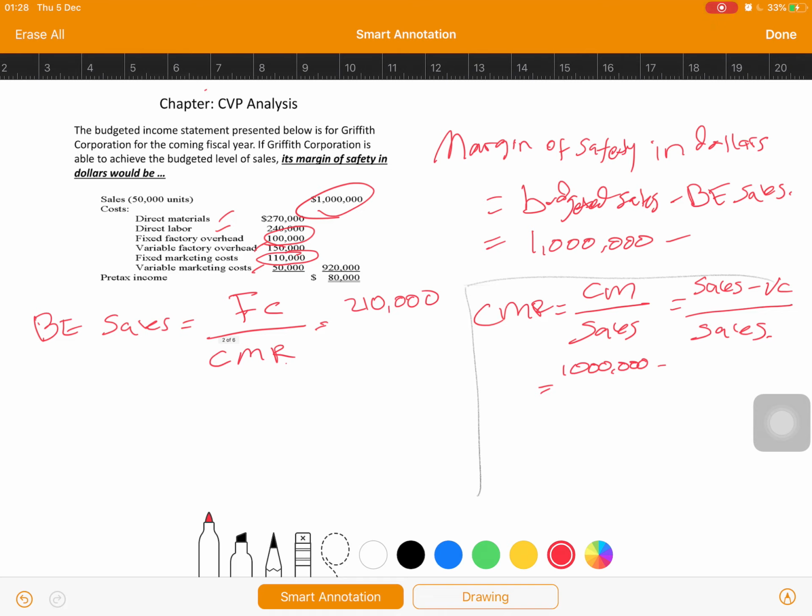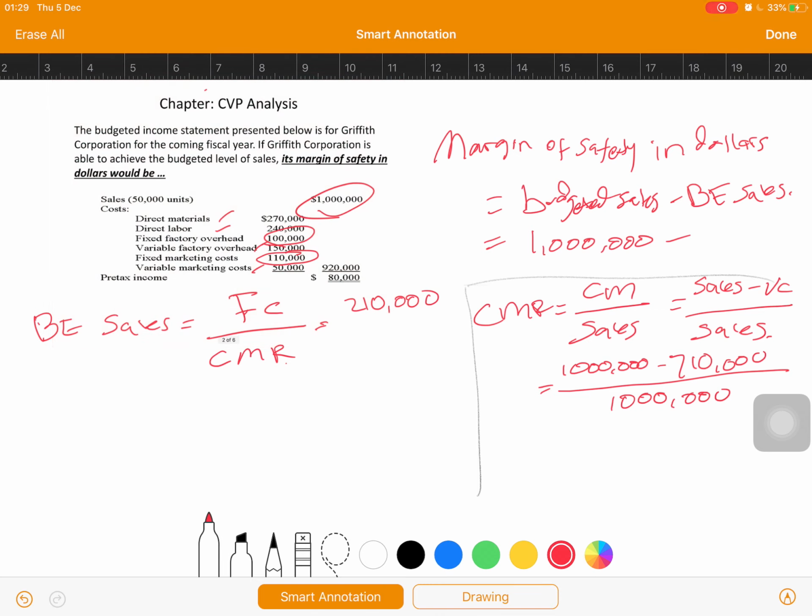So in total, wait, I made a mistake. 270 plus 240 plus 150 plus 50 equals 710. Okay, 710,000, then divided by 1 million.